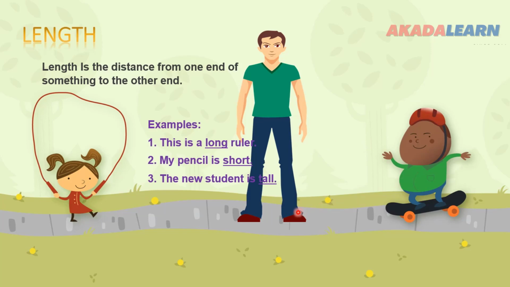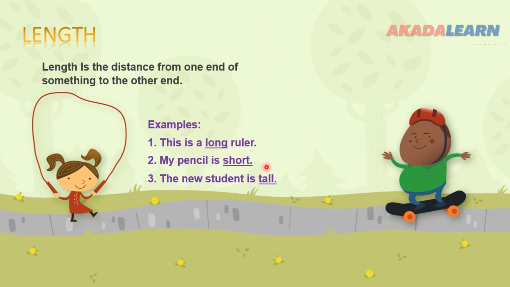So that's why they say the new student is tall. So long, L-O-N-G, long, S-H-O-R-T, short, T-A-L-L, tall. These are words we use to describe or talk about the length of objects.